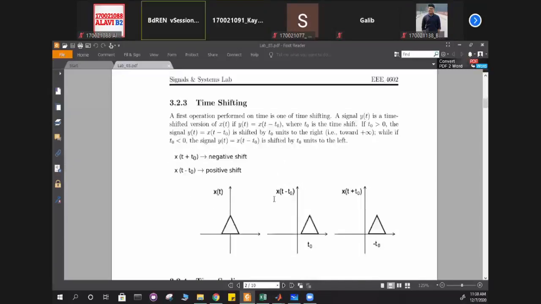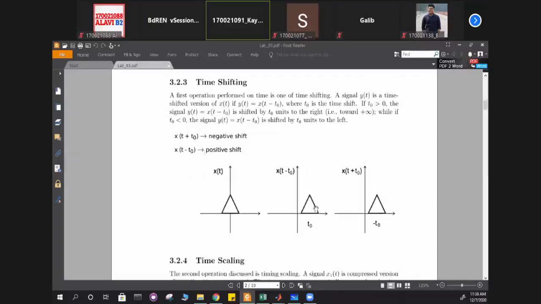You already know about time shifting, isn't it? Yes, sir. If x(t) is our original signal and t0 is a constant, then for x(t + t0), will the signal move to the right or left? To the left, sir. And x(t - t0)? To the right. So I think these things are clear.